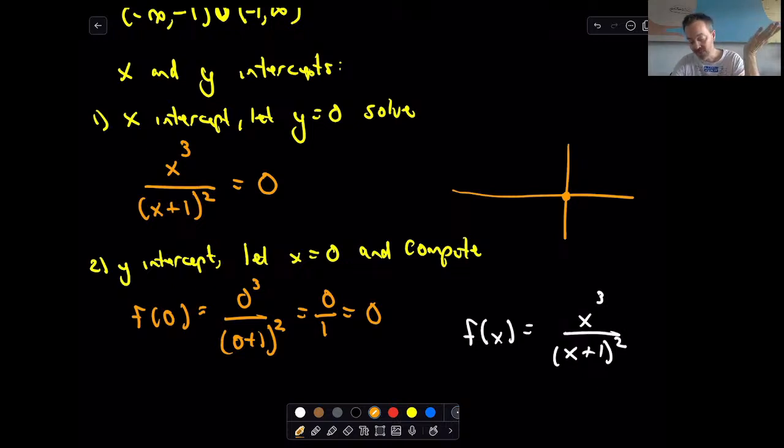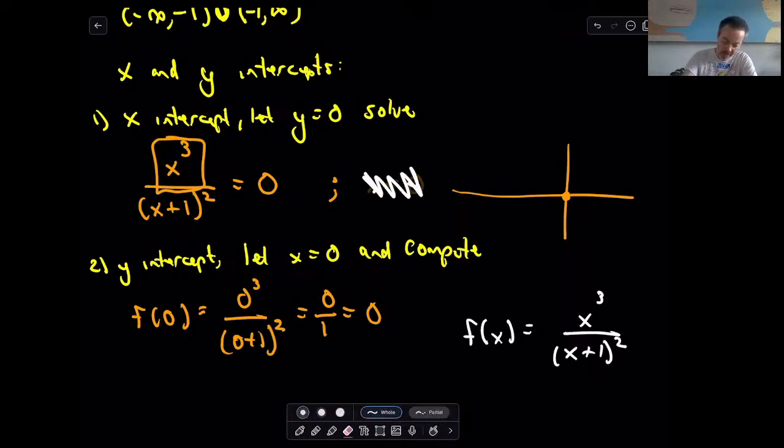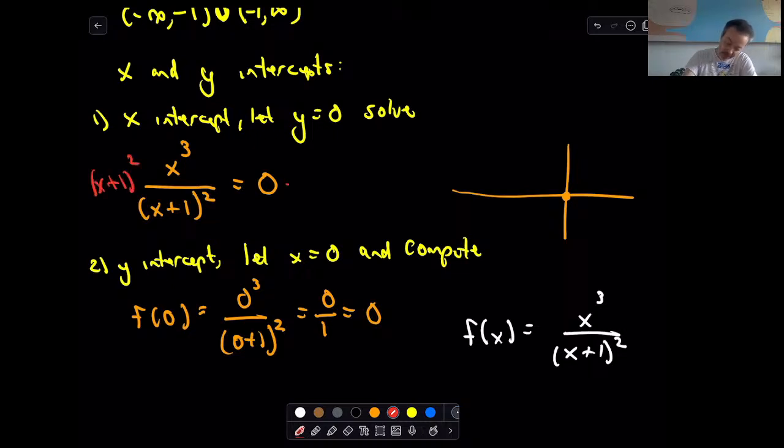Well, again, you can think about it in two different ways. The only way for a fraction to equal 0 is if the numerator is equal to 0. The only thing that's going to make the numerator equal to 0 is if we plug in x equals 0. That's one way to do it. Another way to think about it, sort of algebraically, just mechanically, is to solve it, you could multiply both sides by x plus 1 squared.